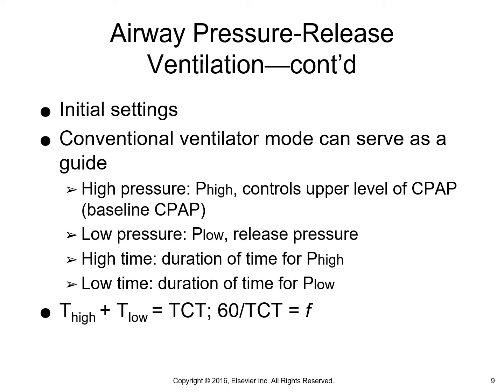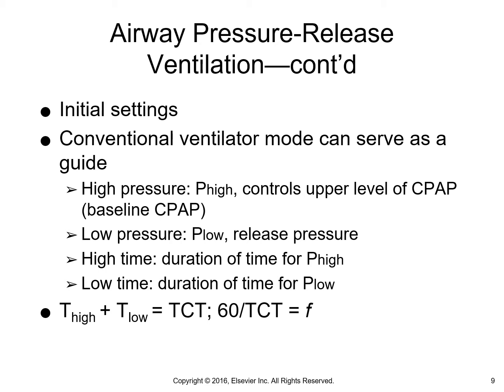And then your T high, your high time, is the duration of time that you spend at P high. It gets kind of confusing. And then your T low is the time that you spend during that release time, or at your P low. So basically, the time set at T high plus T low equals your total cycle time.